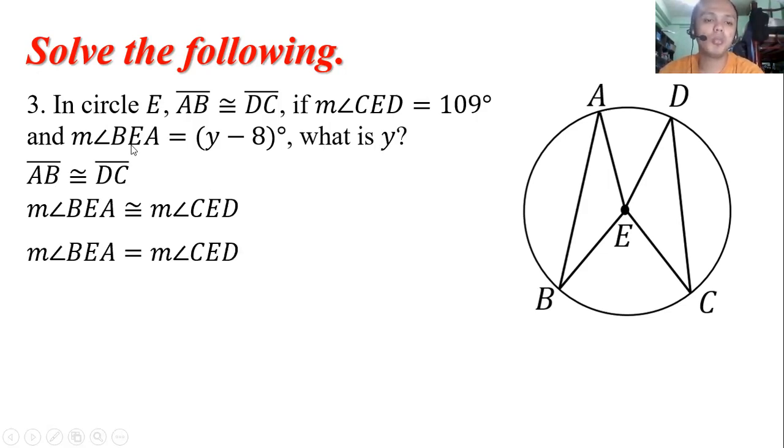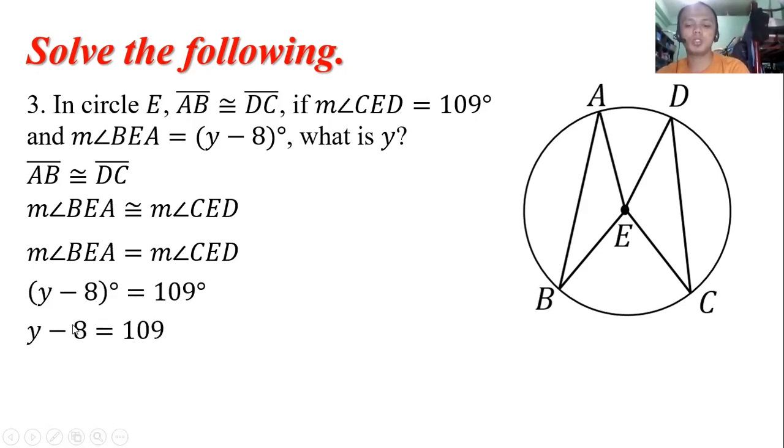Now, substitute your BEA to Y minus 8, and then yung CED natin to 109. Then solve for Y, remove natin mga degree signs. Then transpose negative 8 to the other side. Then we have 109 plus 8 is equal to 117 for your Y.